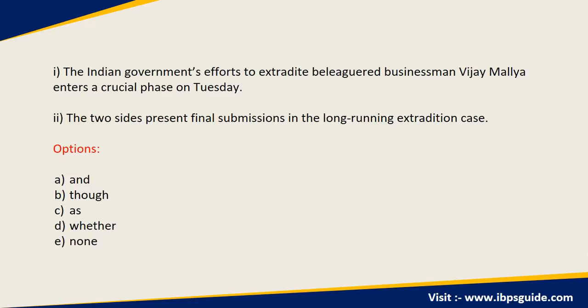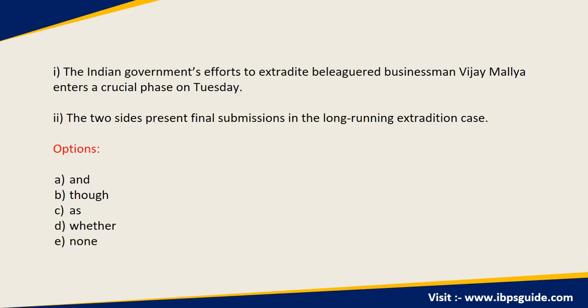So in this case, Vijay Mallya has run away to a different country and India is trying to get him back to arrest him. So in the first sentence, they are saying that this case has come to a crucial point, right? So they're about to make an important decision. So the second sentence is saying that all the evidence is being submitted. So you can see that the first part of the sentence is happening because of the second part of the sentence, right?